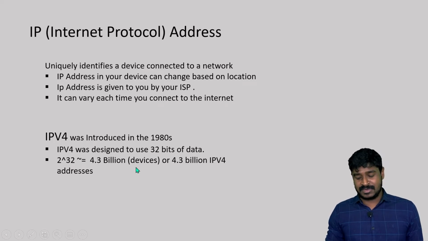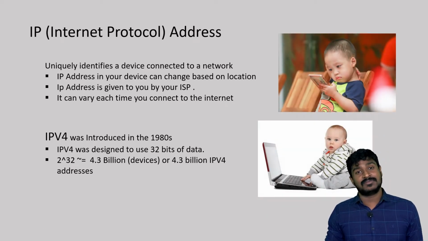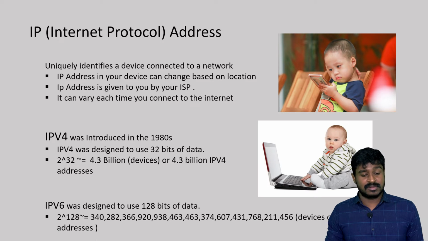But nowadays, what happened? Even kids are using mobile phones, so even they will have an IP address, right? Nowadays each and every person, let's say myself, I'll be having an official number, a personal number, an official laptop, a personal laptop. So each and every person in this world is having 3 or 4 devices, so they will need more IP addresses, right?